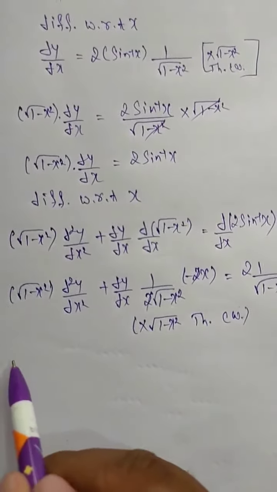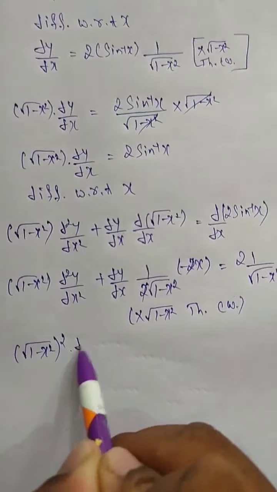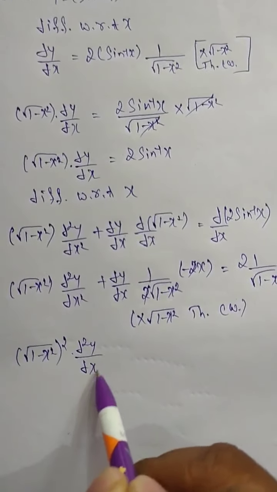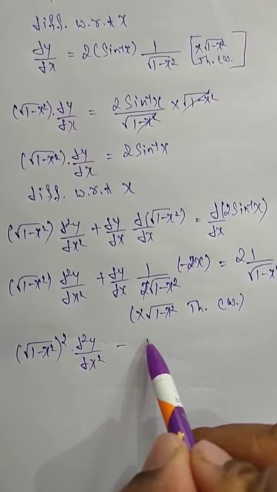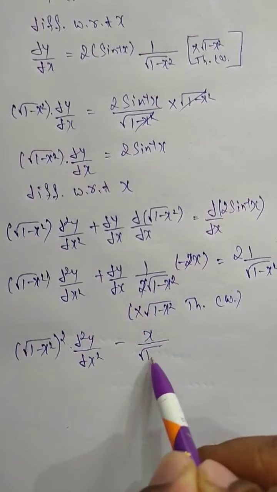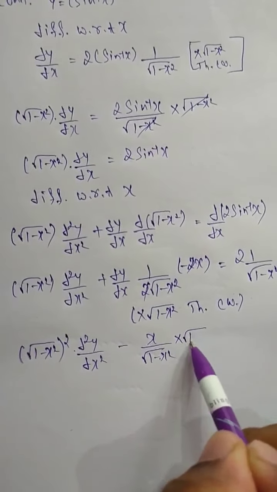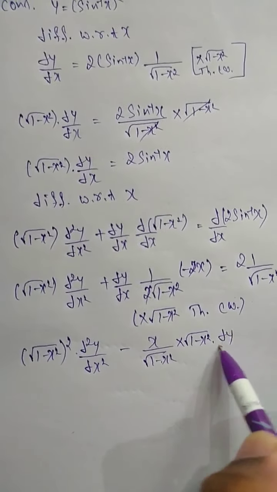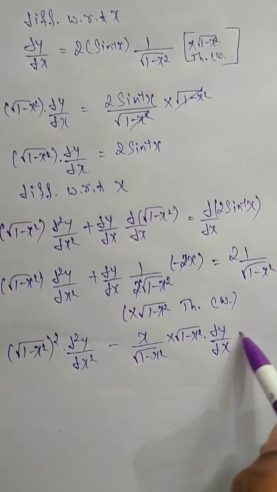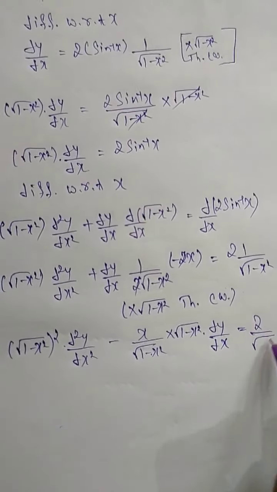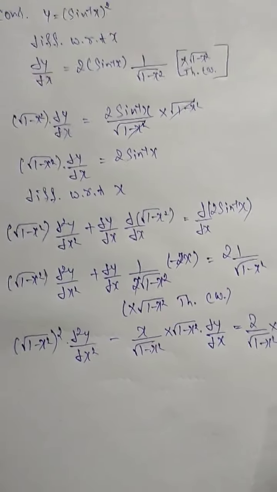Now see here, this will become root of 1 minus x square whole square into d square y by dx square, minus x by root of 1 minus x square into root of 1 minus x square into dy by dx, is equal to 2 by root of 1 minus x square into root of 1 minus x square.